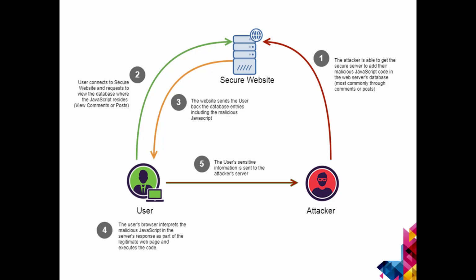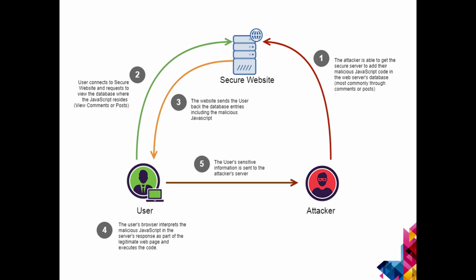Number 1, the attacker is able to get the secure server to add their malicious JavaScript code in the web server database, commonly through a comment or post. They send a script, JavaScript with the script and /script tags, and in between them they put the malicious code, whatever it is, to gain the information.